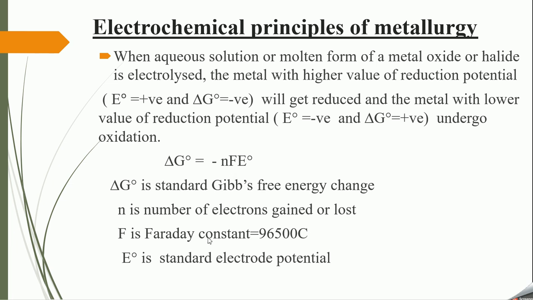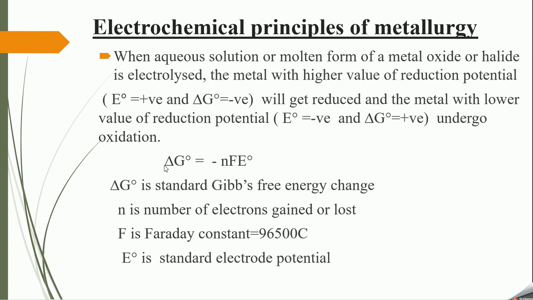F is Faraday's constant, that is 96,500 coulomb. This is a standard value of Faraday's constant. E naught is the standard electrode potential. What is electrode potential? It is the tendency of an electrode to lose or gain electrons.